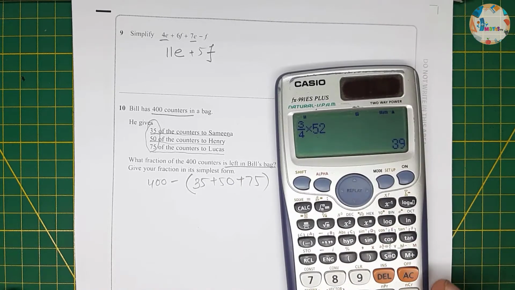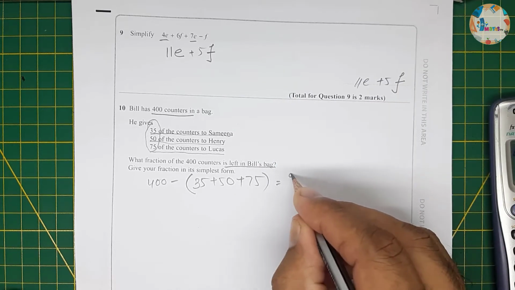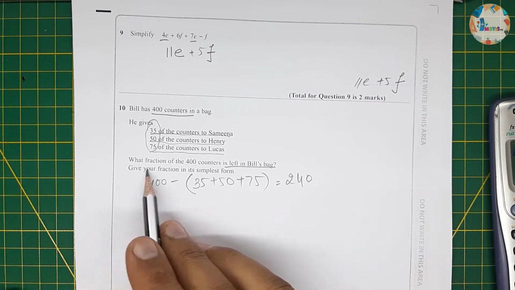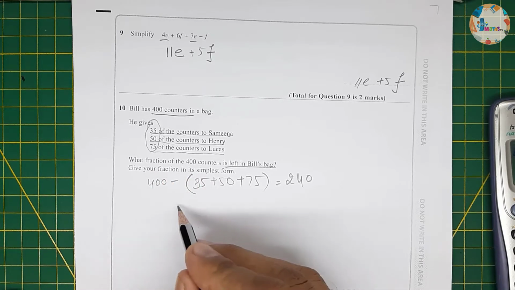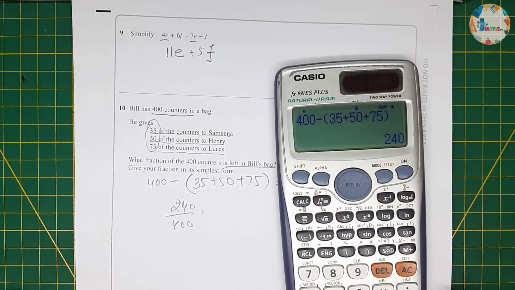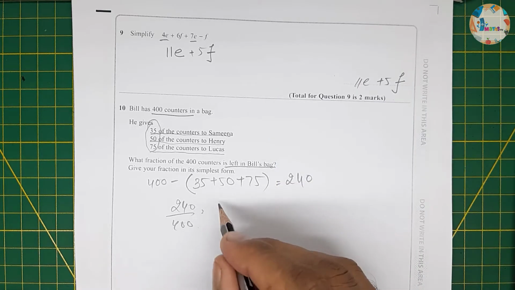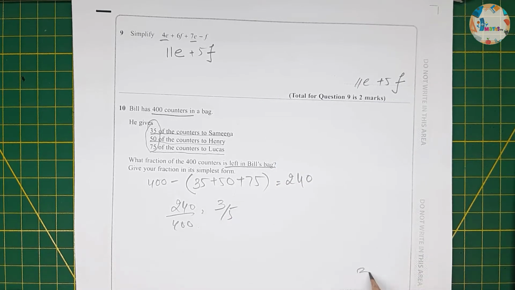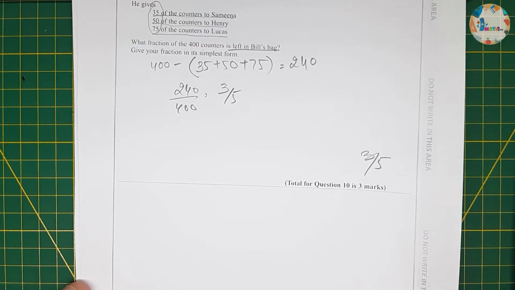Remaining will be 400 minus, in brackets, all these three numbers added, and this will give us 240. So remaining are 240, and we give the fraction. So 240 divided by 400 will be equal to 3 by 5. So the simplest fraction will be 3 by 5. Hopefully you understand this question as well.